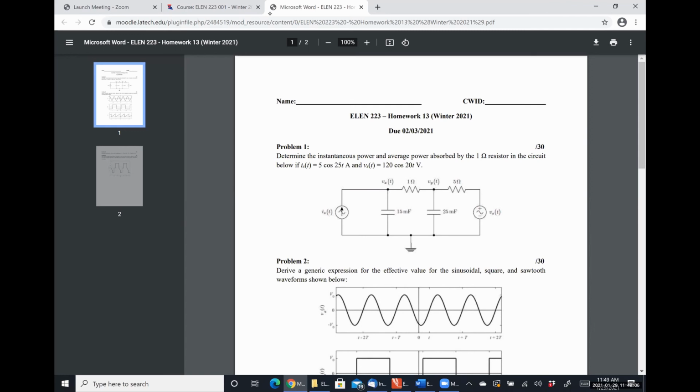So when you square these, that's where you get your DC terms and your double frequency terms. And when you cross multiply them, that's where you get the difference terms and the added frequencies terms. So it's just a lot of ugly math, unfortunately.